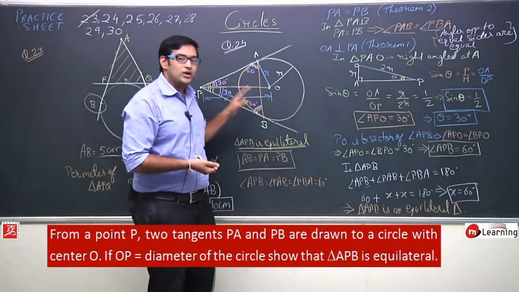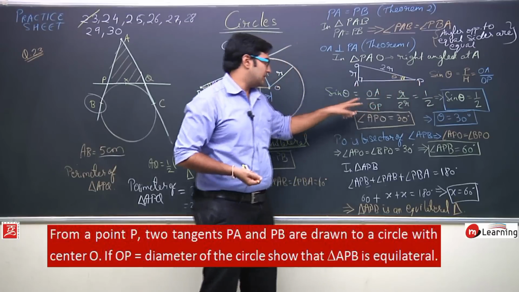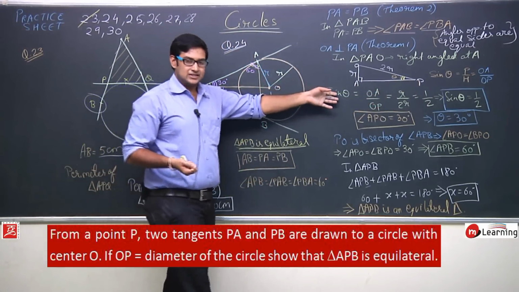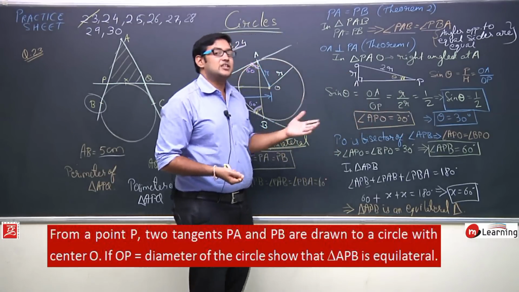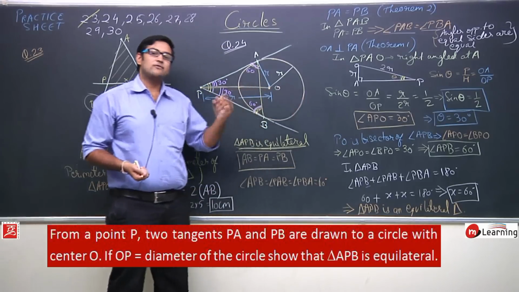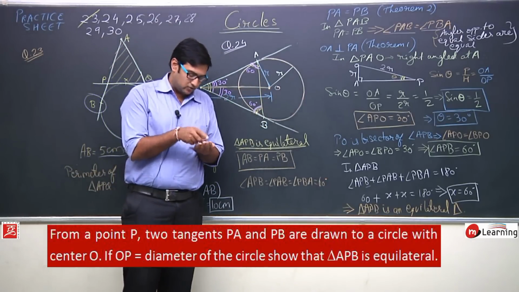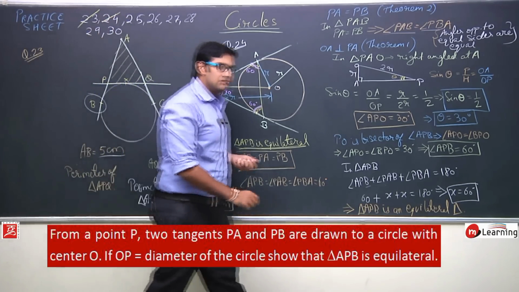This question is an important one. You can see we have applied trigonometry as well. Usage of trigonometry is also very important in this question. Otherwise, we can prove this question without trigonometry, but it will be a very lengthy process. That's why we have used this concept. So in this way, you need to solve question number 24. You can note down this question and then we will continue.